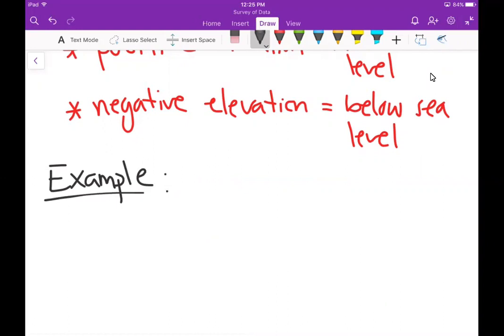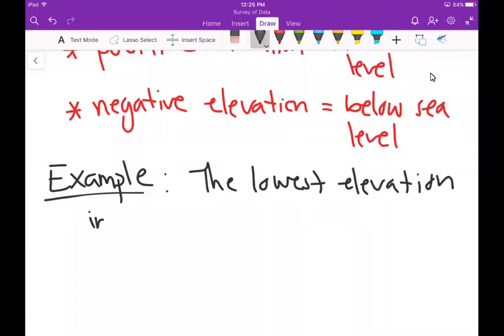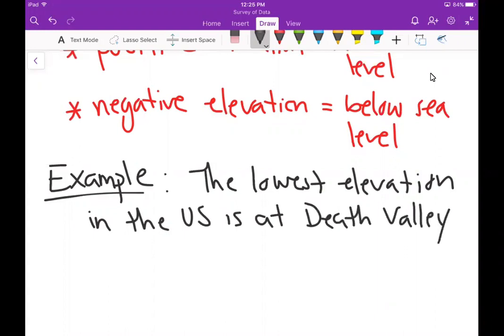Also just has some fun facts here that you may not have known. So the lowest elevation in the US is at Death Valley, which happens to be in California, at -282 feet.